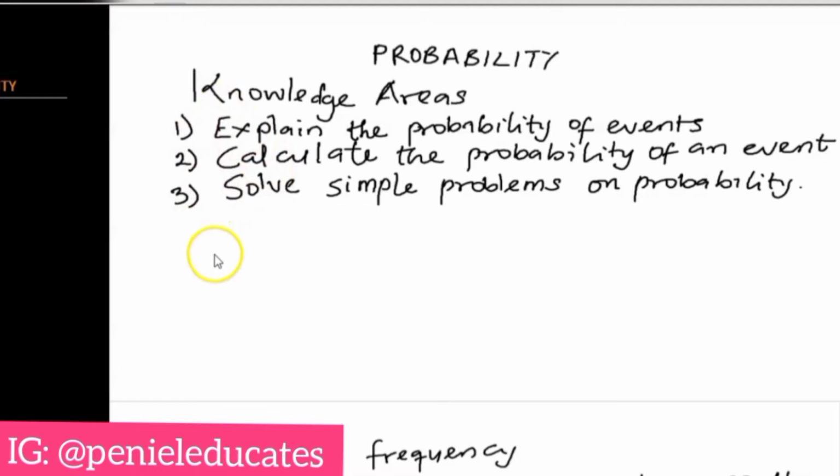Now, probability is a branch of mathematics that deals with the possibility or chances of events occurring under stated conditions. For example, there are so many activities that we have on a daily basis that require probability.